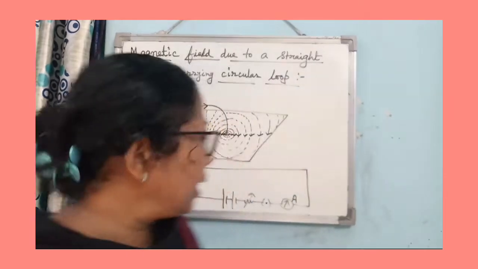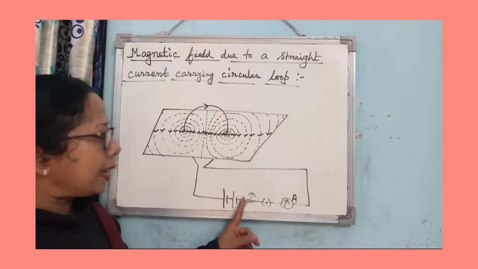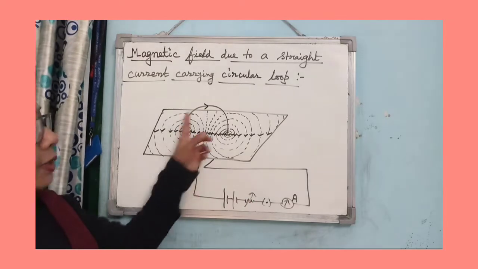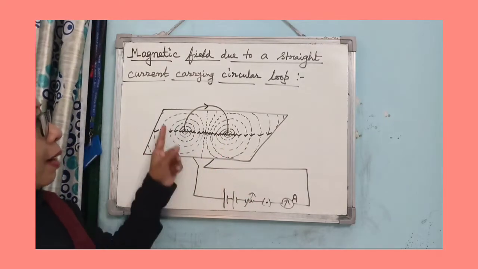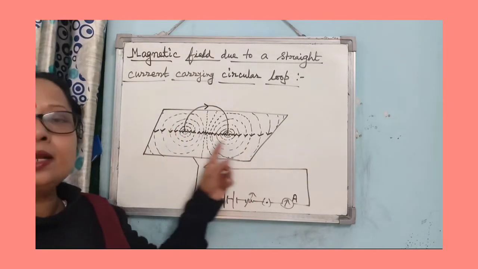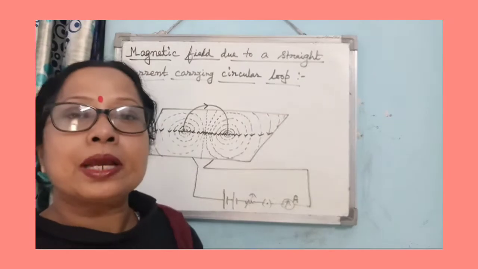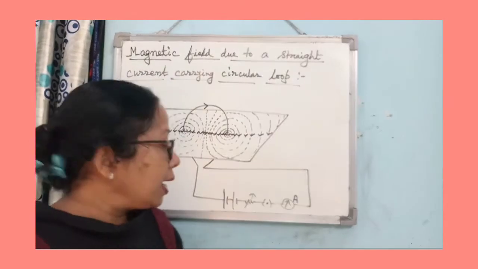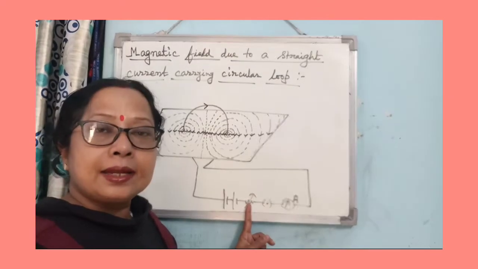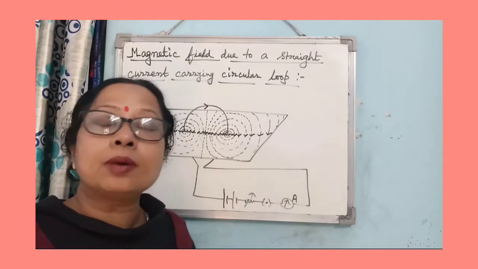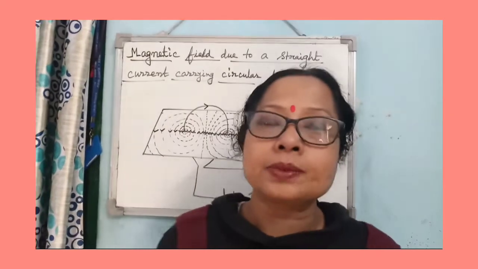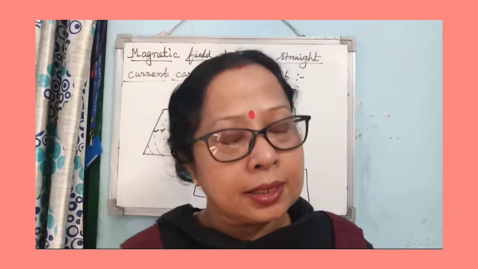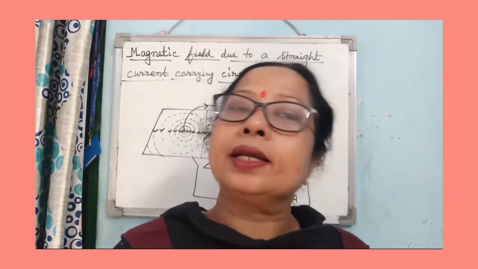The next point. It has been observed that by the rheostat, if you increase the amount of current, then what happens? The concentration of circles increases. The circles become denser, which indicates the magnetic field increases. And if you decrease the current by the rheostat, then it has been observed that the concentration of circles decreases, which indicates that the magnetic field decreases.